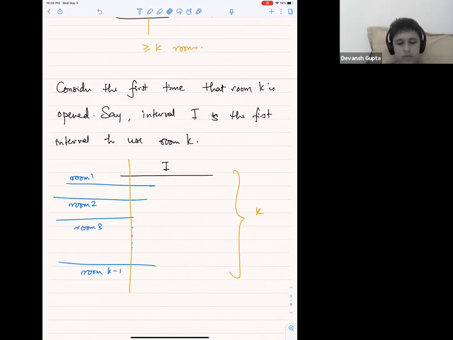I don't know what you mean by you can clearly say. I don't think it's that clear. You can say that if you are using K rooms and the maximum number of overlapping lines at any point is K minus 1, then your arrangement is not the most efficient. But that is what we have to argue.